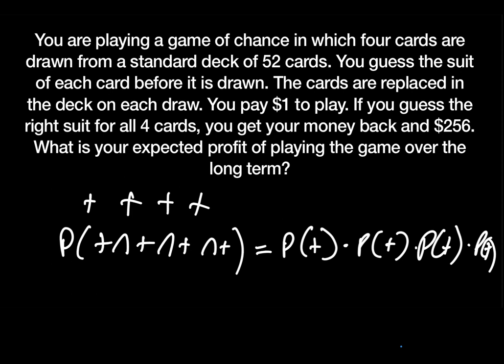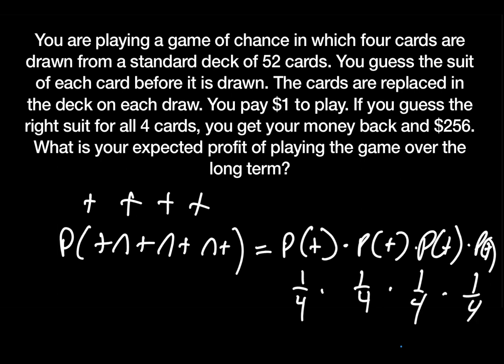What is the probability of being correct? 1/4. How many suits are there? There are 4 suits in a standard deck of cards: spades, clubs, diamonds, hearts, and an equal number of each. So if I guess the suit, I have a 1 in 4 chance of guessing the first one right, then a 1 in 4 chance on the second, then a 1 in 4 chance on the third, and so on.